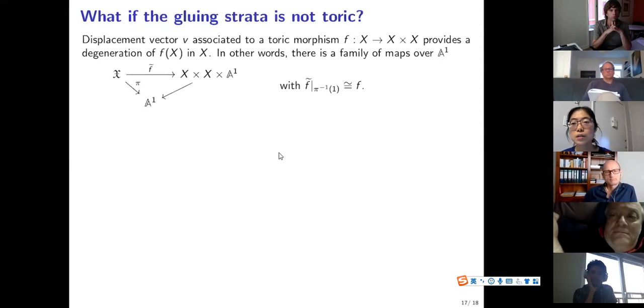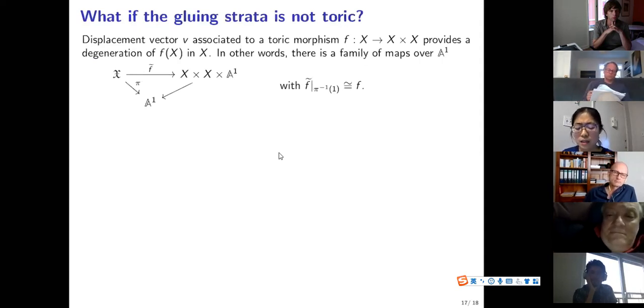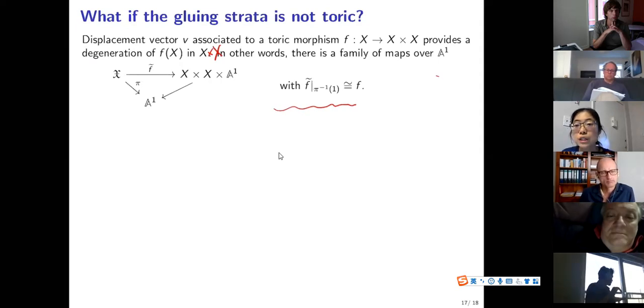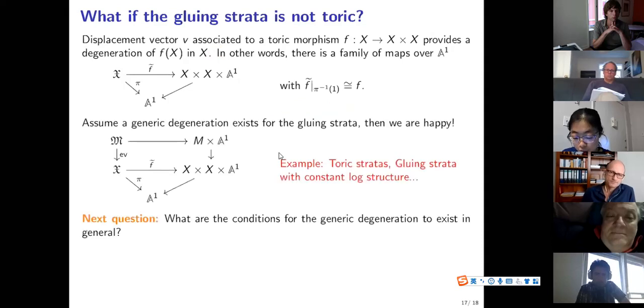This is a part where we can get some insights from the displacement vector v, because that displacement vector actually defines a rational deformation of the image f of X inside X cross X. In other words, a displacement vector provides us with a family of maps over A1, where on a general fiber this map is isomorphic to f, and on the central fiber it will degenerate, and the Fantechi-Stern formula will tell us what it degenerates into.